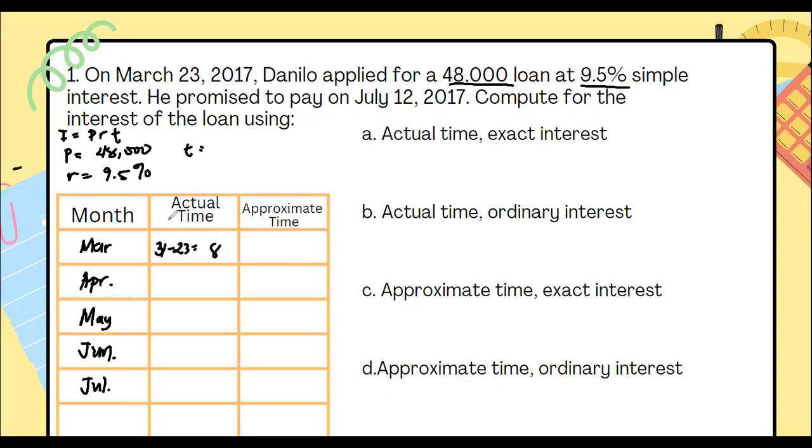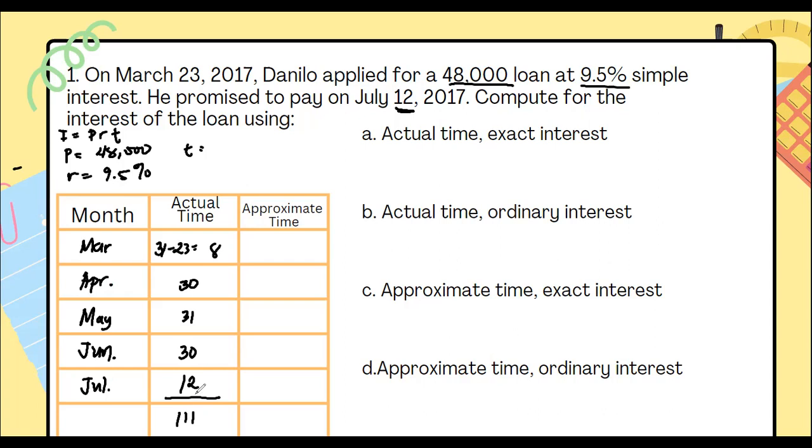For April, actual time, it has 30 days. On May, there are 31 days. For June, it has 30 days. And for July, since it ends on July 12, only 12 days are used. Then we add them all: 8 plus 30 plus 31 plus 30, plus 12, equals 111. Therefore, from March 23, 2017 to July 12, 2017, there are 111 days using actual time.